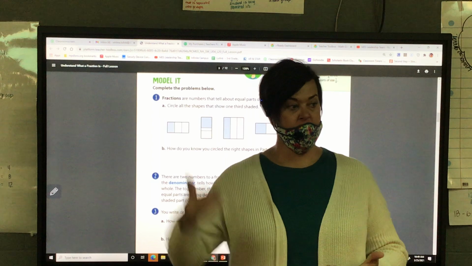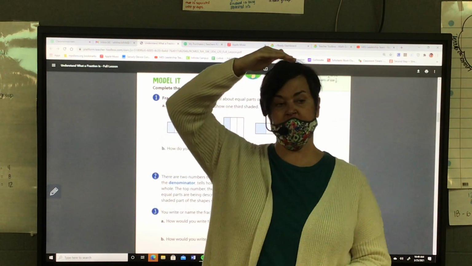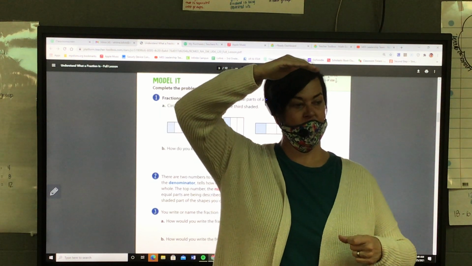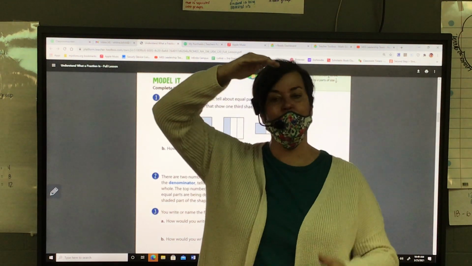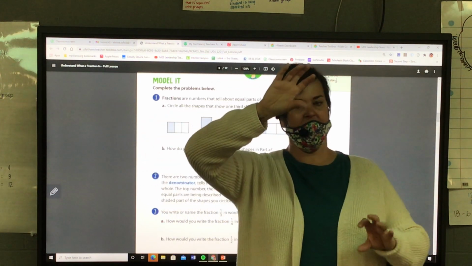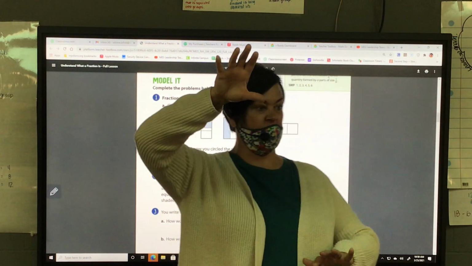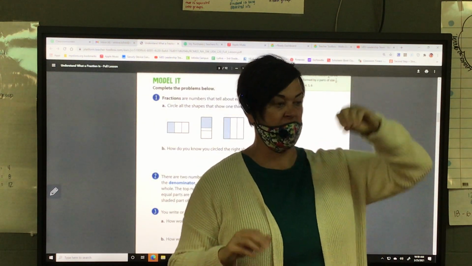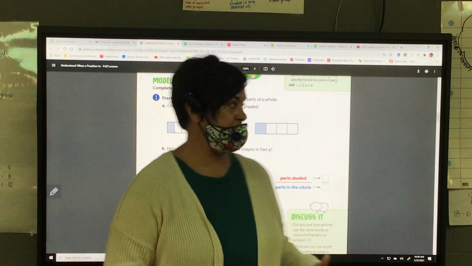Okay, the top number in a fraction is called the, do you remember? Right, numerator. And that tells us maybe how many parts are missing from it, or how many parts are still there of those pieces.